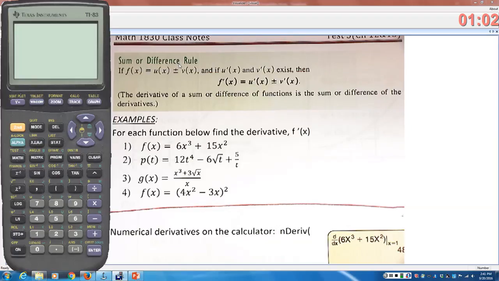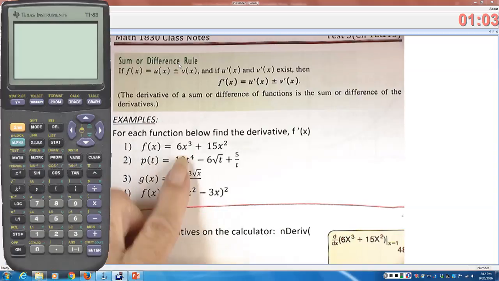The extension of the rules that we just had, the constant rule and the power rule, is that if you've got a function that is a polynomial function, in other words, it's got several terms separated by pluses and minuses, what you do is you take each term individually and take each derivative by itself and then just put them back together with the pluses and minuses.